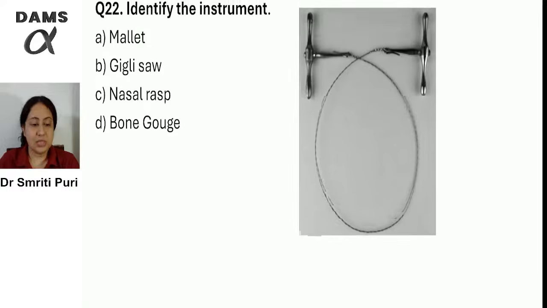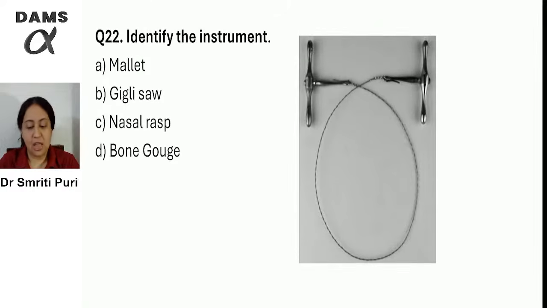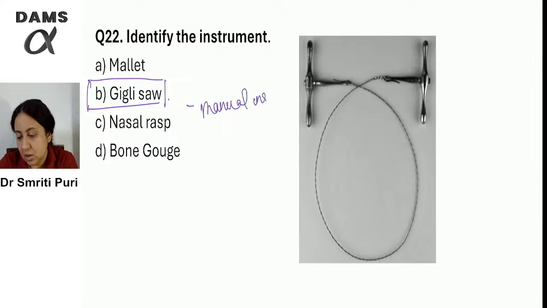Question 22 says identify the instrument. A. Mallet, B. Jiggly saw, C. Nasal rasp, D. Bone gauge. So this is jiggly saw. And the uses are, it is a manual instrument made of flexible wire.